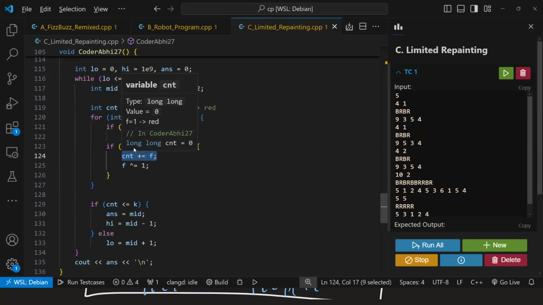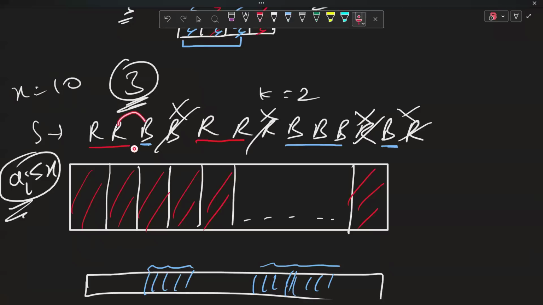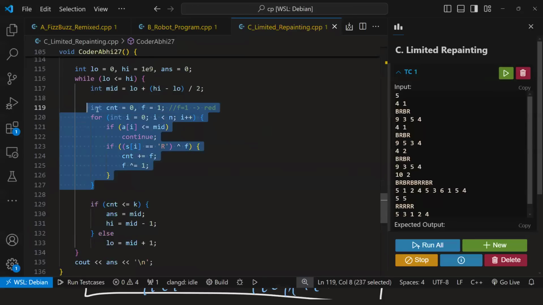So I hope you can understand from here. Whenever I go from red to blue, I add +1. If I'm going from blue to red, I don't add +1, because I'm just counting the groups of blue. This way, in my count variable, I get the minimum number of operations required to get mid as my answer.